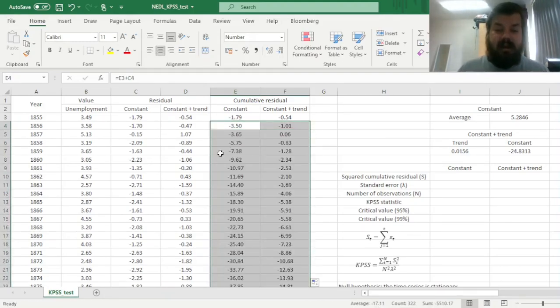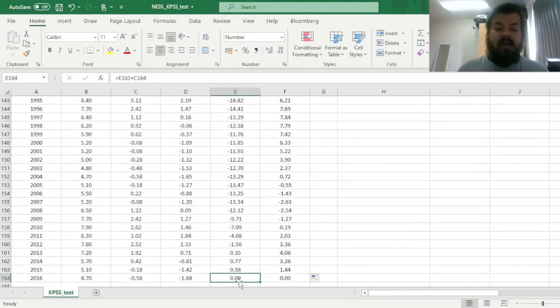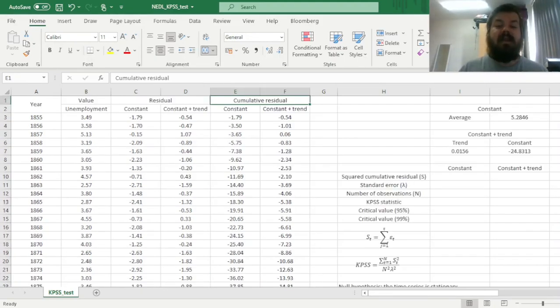And unsurprisingly, at the end, they revert back to zero, simply because the sum of all residuals in any regression is equal to zero. However, what we're interested in is the path that the residual goes through throughout the sample. And the further it departs from zero across this path, the more reasons we have to believe that the time series is not stationary.